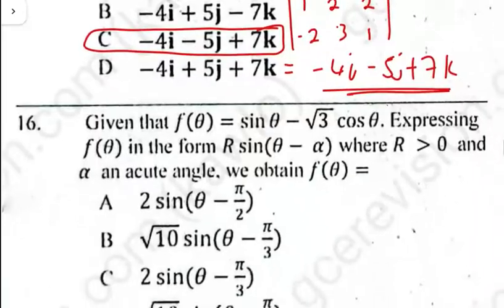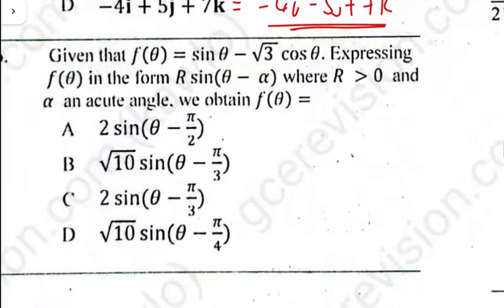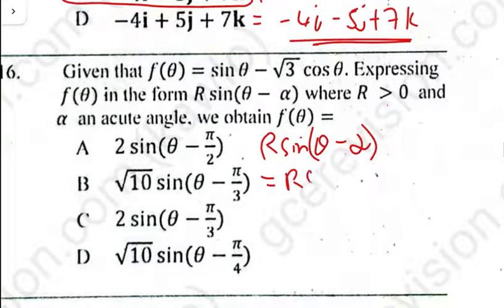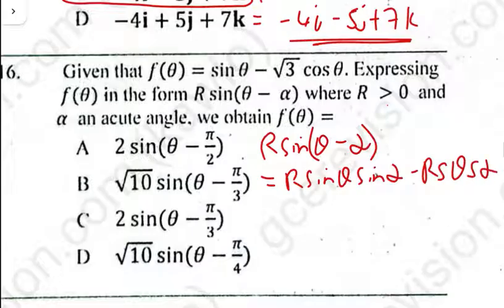The next question is question 16. Given that f of theta equals sine theta minus root 3 cos theta, expressing f of theta in the form r sine of theta minus alpha, where r is greater than 0 and alpha is an acute angle, you obtain f of theta to be equal to... So from here, r sine of theta minus alpha, when you expand this, we are going to have r sine theta cos alpha minus r cos theta sine alpha.